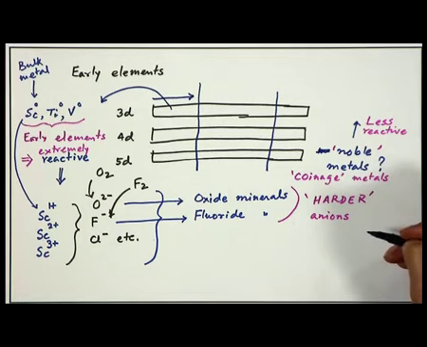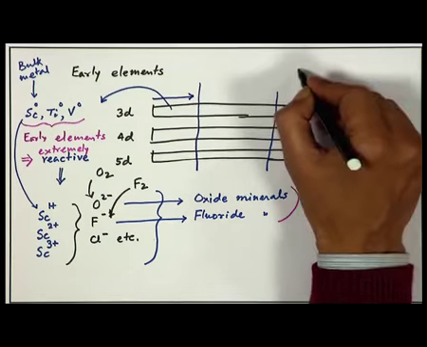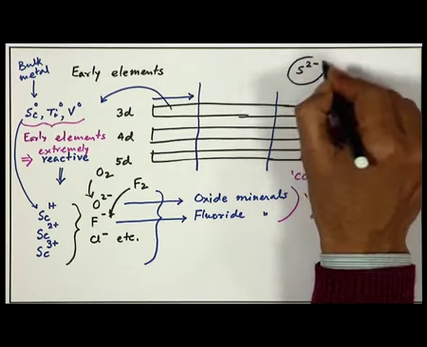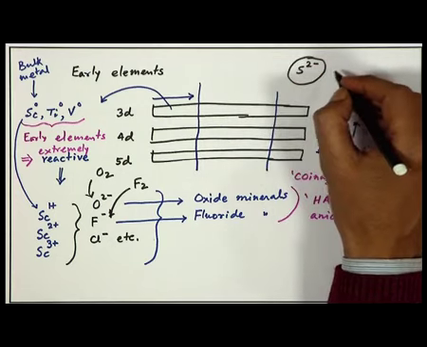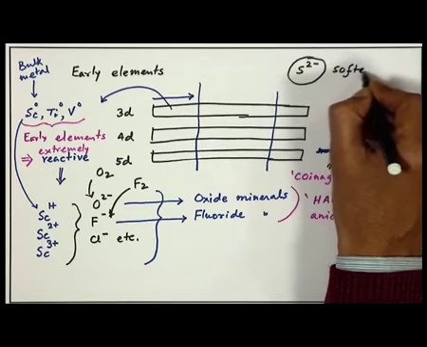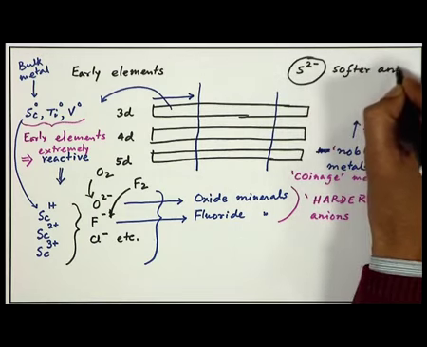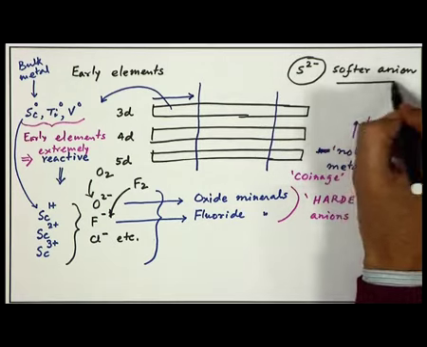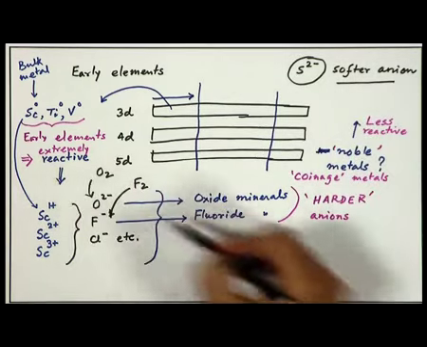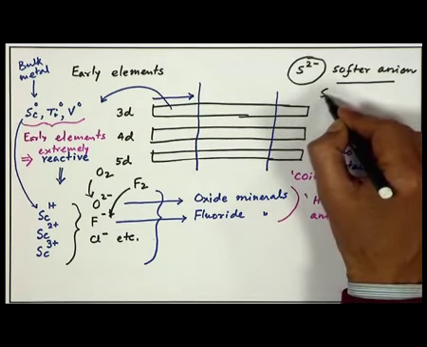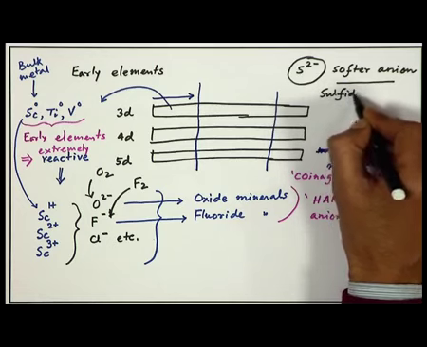they will have some tendency towards softer groups, that means softer anions such as sulfides. So, sulfide is the softer anion. If at all they react, instead of oxide minerals and fluoride minerals, they will end up as sulfide minerals.